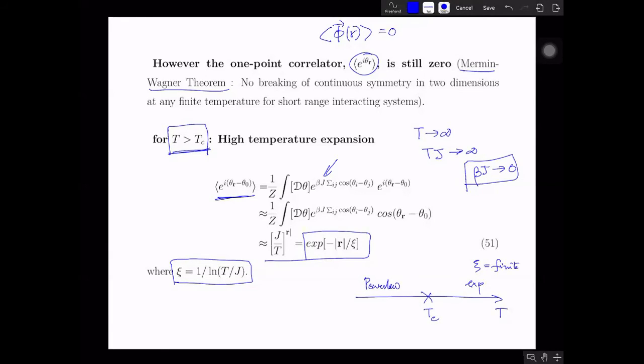Here the correlation length has gone to infinity. So you see, even though e to the power i theta is still 0 in both these cases, this is very weird. I have a power law phase which looks like an extended critical point. And this is what I'm faced with.